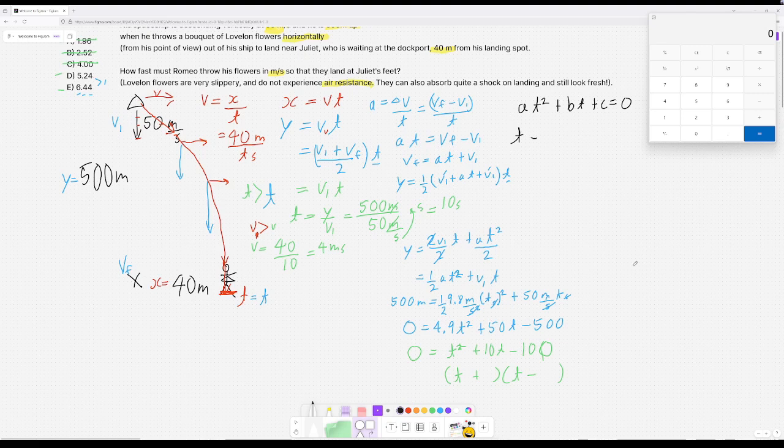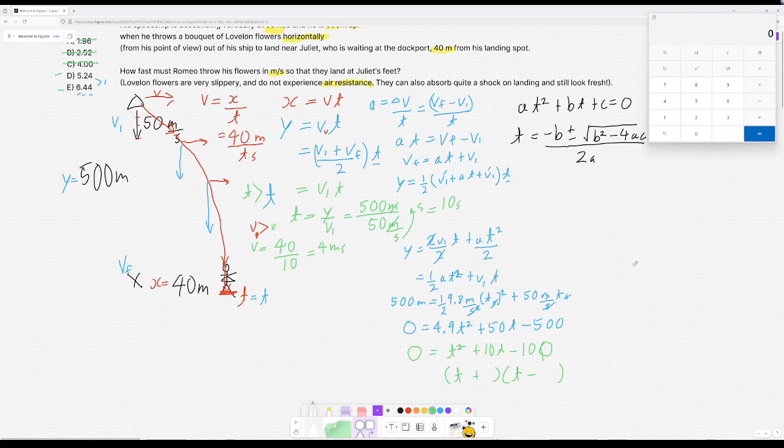And then we have t equals minus b plus or minus the square root of b squared minus 4ac, all over 2a.